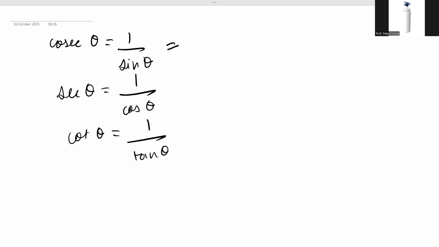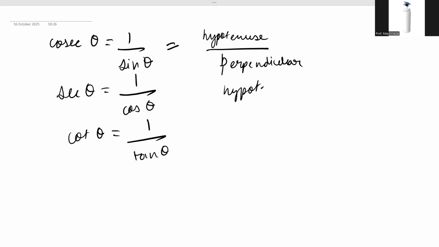Cosec theta is hypotenuse by perpendicular. Sec theta is hypotenuse by base, sorry. And cot theta is base over perpendicular.